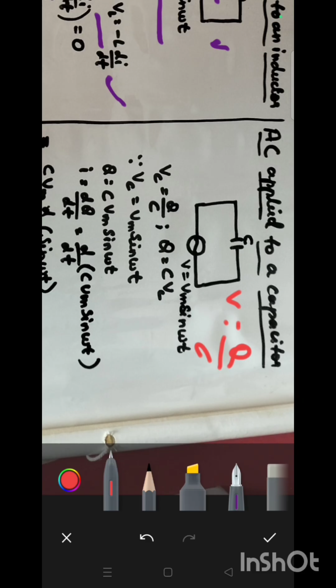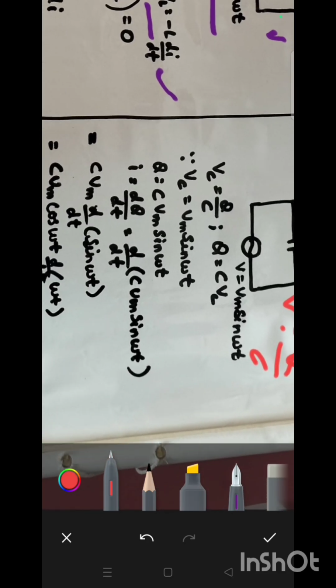It is the same for all the three derivations. These three are the most important derivations. Here we have to note that Vc, voltage across the capacitor, will be equal to voltage produced by the AC source. Vc is equal to Vm sin omega t.